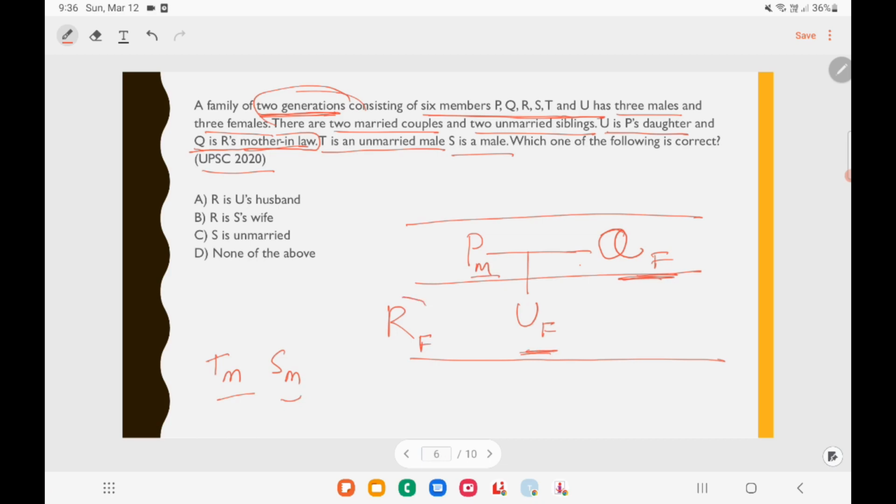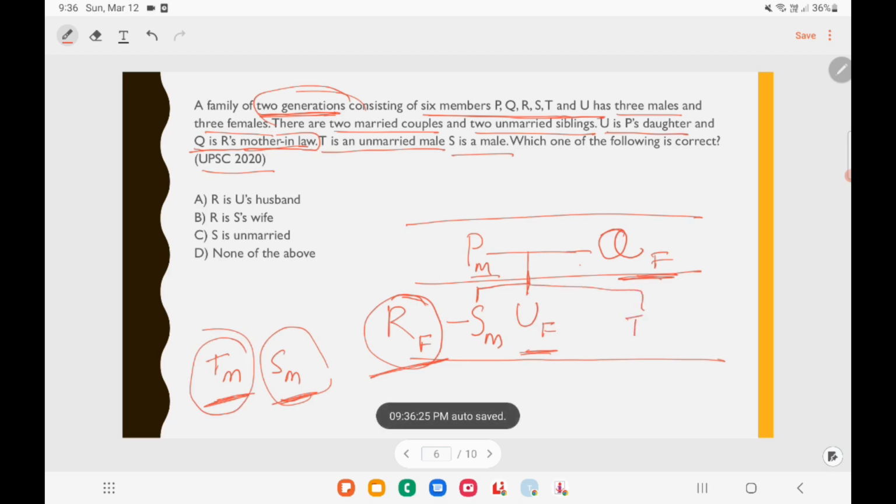Now Q is R's mother-in-law, therefore R should be married to someone, right? And it says that T is unmarried, so R will be married to S. So R is married to S, and S will be P and Q's son. Then T is an unmarried male, so T will be like this.